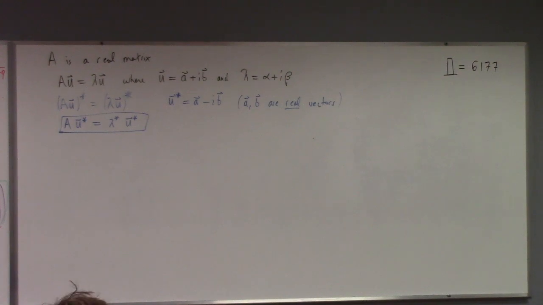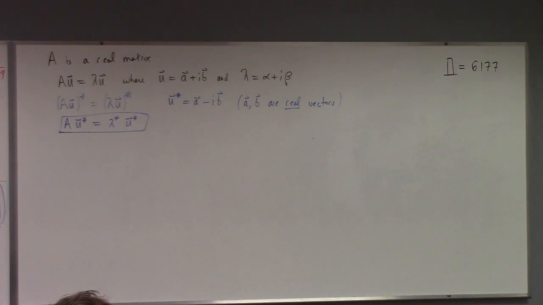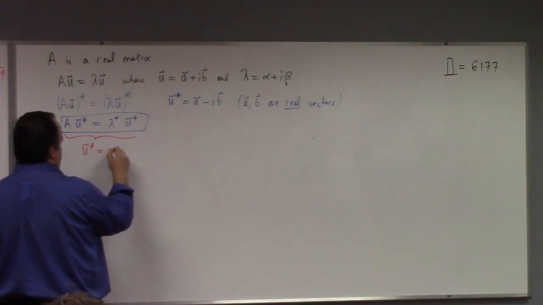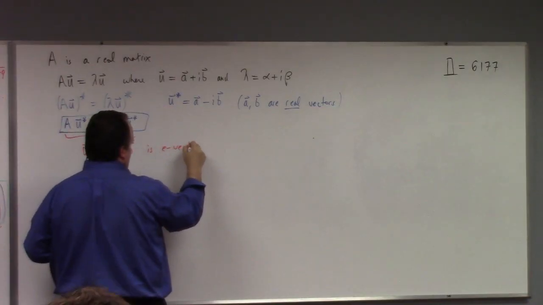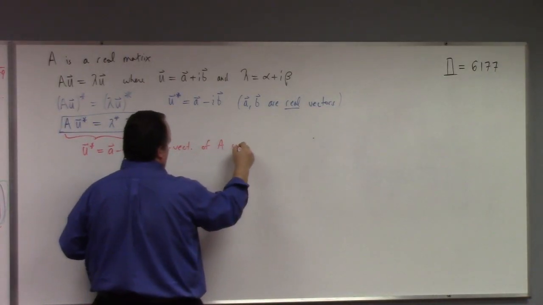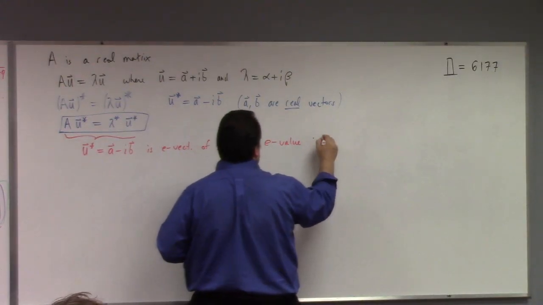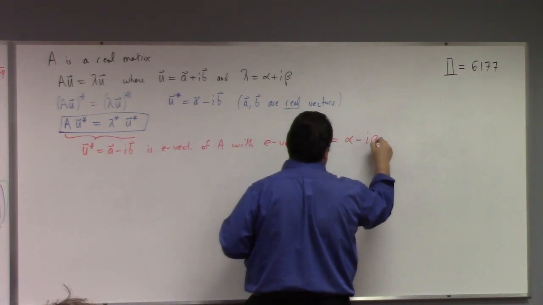That says that u conjugate is an eigenvector for A. It says it's an eigenvector with eigenvalue what? u conjugate, which by the way is a minus ib, is an eigenvector of A with eigenvalue lambda star. What is that, by the way? That's alpha minus i beta. All right?